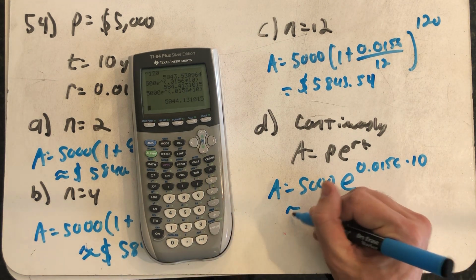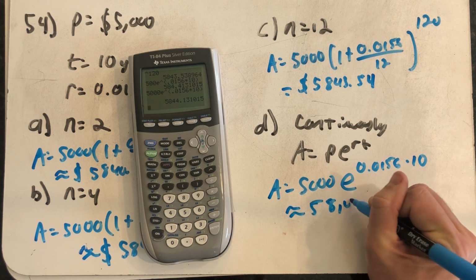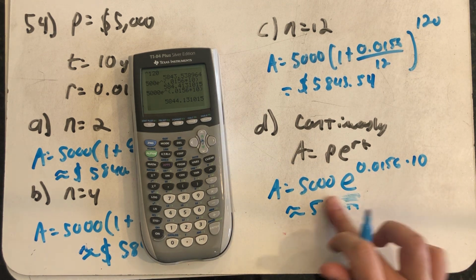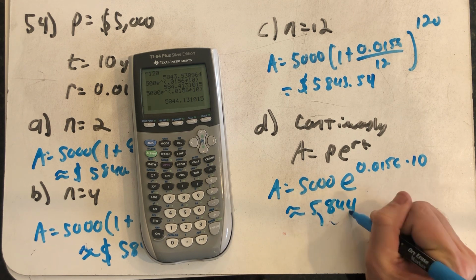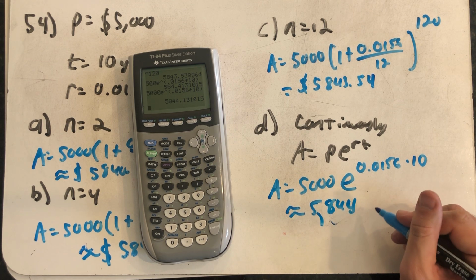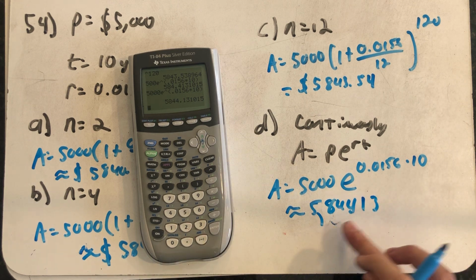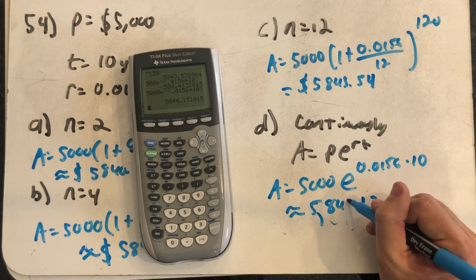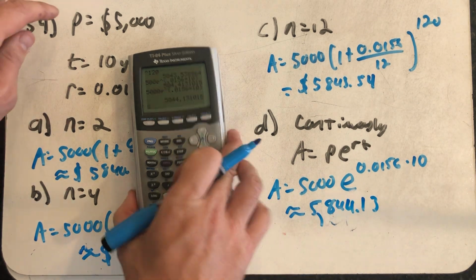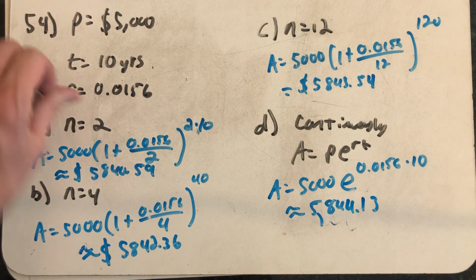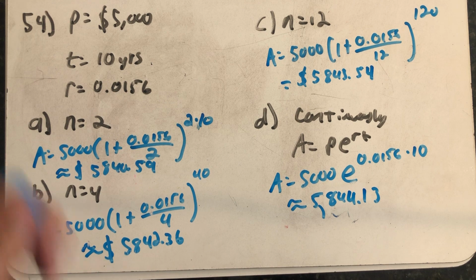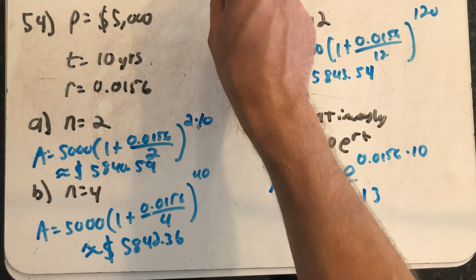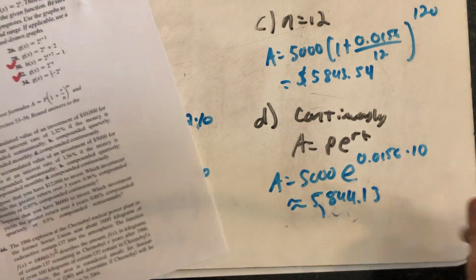So there we go. $5,844.13. All right. With that amount of principal, that amount of years, and that interest rate, that's the highest amount we could possibly ever have. That's the interest being compounded continuously. Let's take a look at number 56.